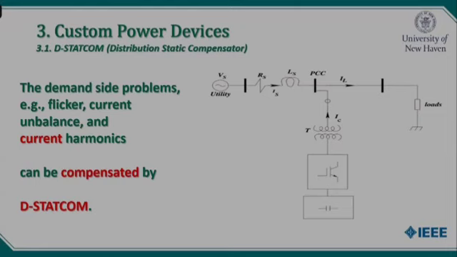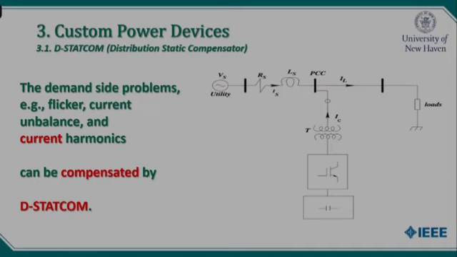You can see in this slide the first solution known as the STATCOM, distribution static compensator. On the right side of this slide, you can see a simple network, including a load and also the utility side.